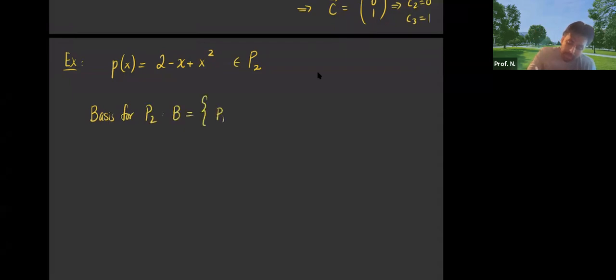So P1 is 1 plus x. P2 is 1 plus x squared. And P3 is x plus x squared.